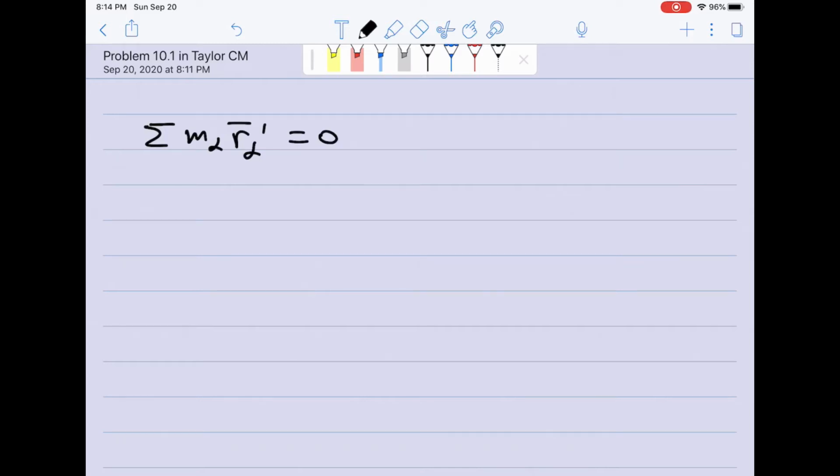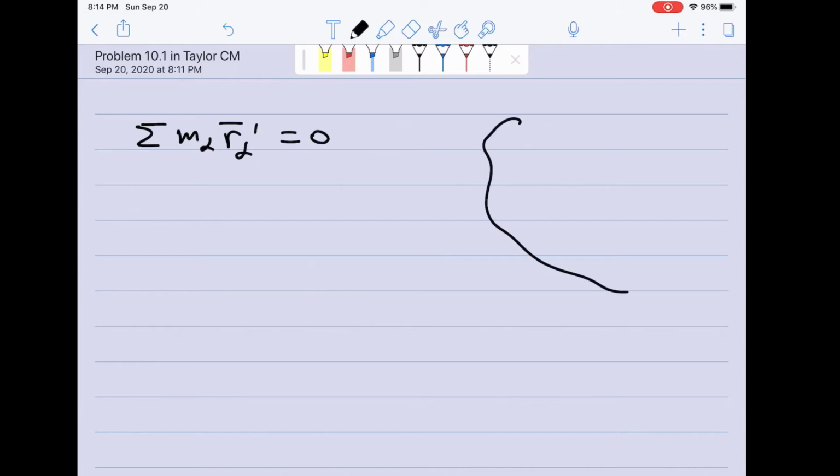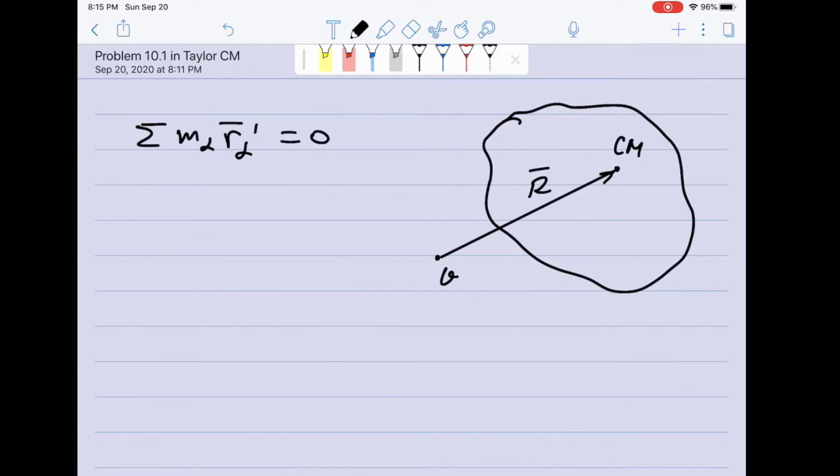If you imagine a rigid body being something like a blob of matter, and we assume the center of mass is somewhere here, and the origin is somewhere here, with respect to which we will be measuring all the distances. The position vector of the center of mass is always denoted as capital R. And suppose here we have our mass element m alpha.